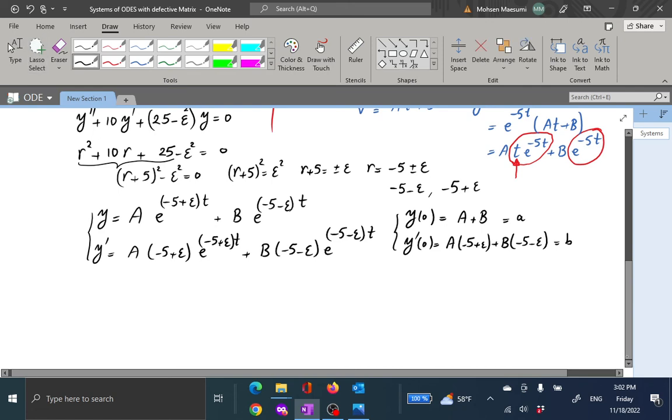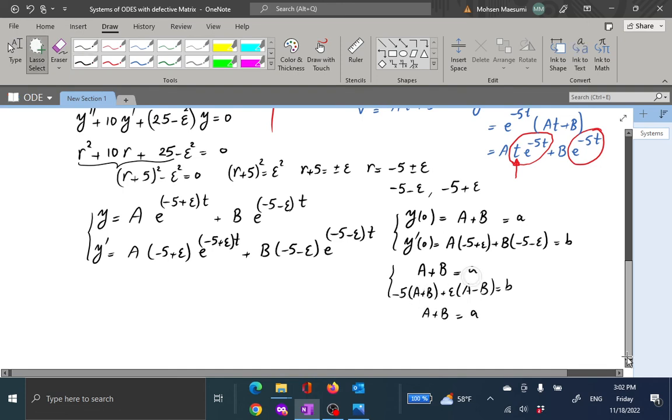Well, how do we solve this? Rather easy. Let me rewrite it and clean it up. This is A plus B equal to little a. From the second equation, I can factor out a minus 5 times A plus B, and factor an epsilon times what I'm left with, A minus B. That has to be b. Of course, the first equation says A plus B is little a.